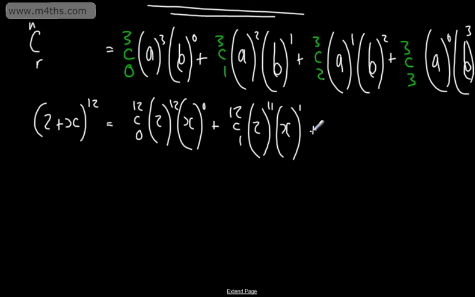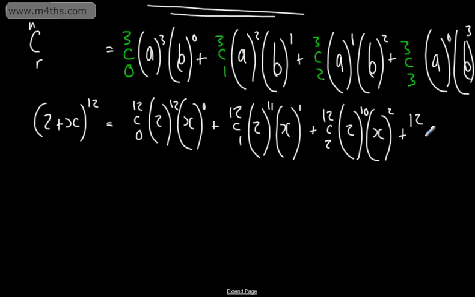Then 12c2, we'd have 2 to the power of 10, x to the power of 2. Plus then we'd have 12c3, and we'd have 2 to the power of 9, and then x to the power of 3.